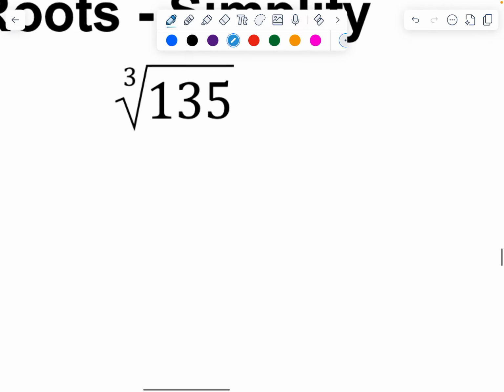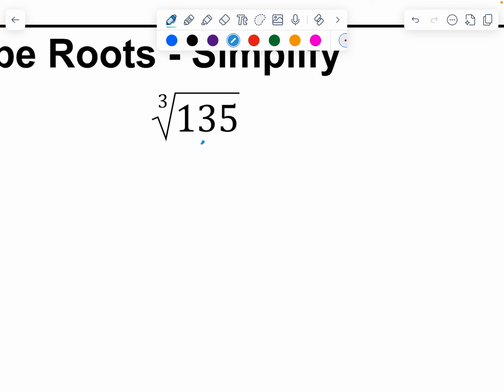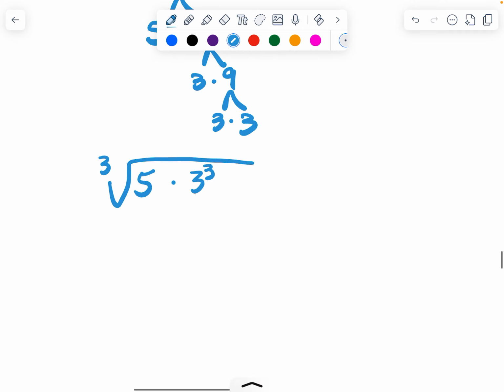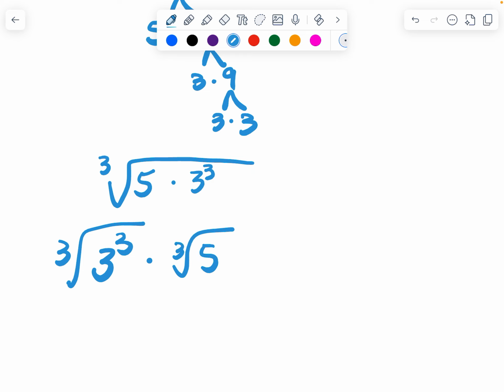Okay, let's do it here. 5 goes in. 5 goes in 27 times. This is 3 times 9. This is 3 times 3. So I have the cubed root of 5 times 3 to the 3rd. 3 to the 3rd, I'm going to take the cubed root of that times the cubed root of 5.